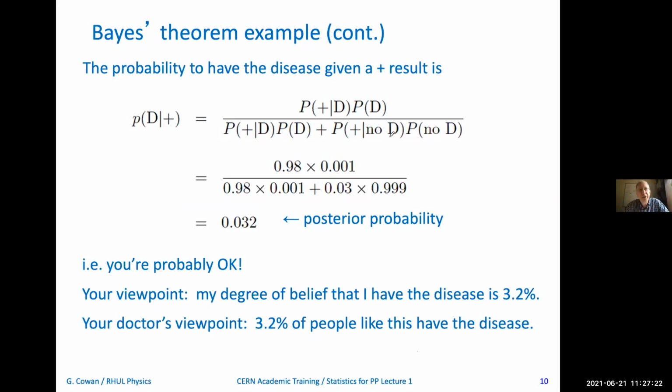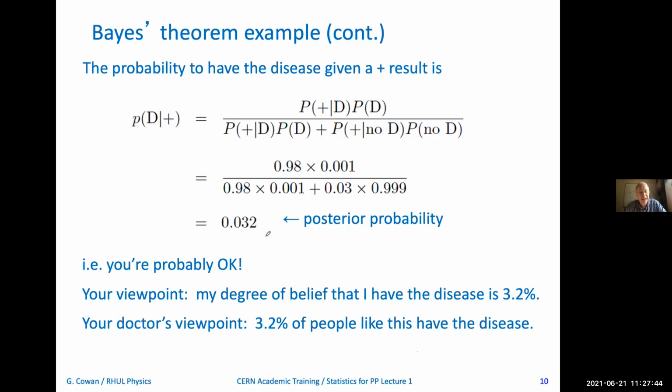And so we can use the law of total probability, though, to express that as P of plus given D times P of D plus P of plus given no disease times the probability that you don't have the disease. And when you plug in the numbers, you get 3.2%, which is still quite low.